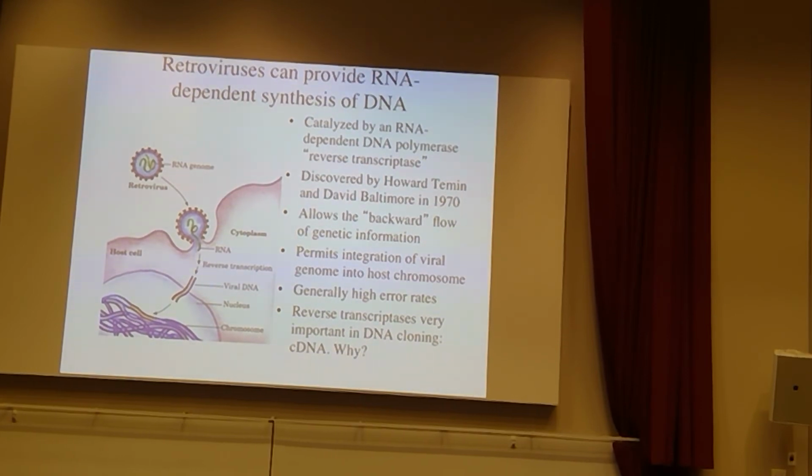Why would we go through the effort of taking a messenger RNA, converting it into DNA, and then using that for cloning? Why wouldn't we just go to the DNA itself? Yeah.